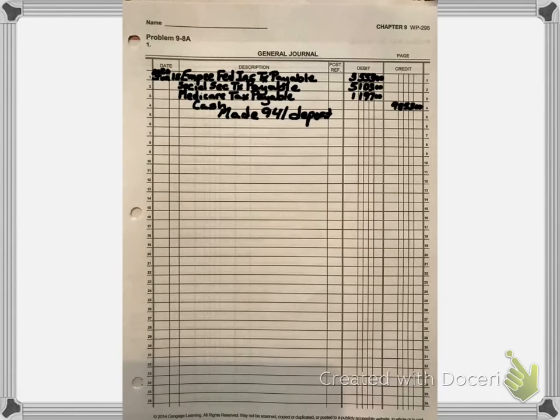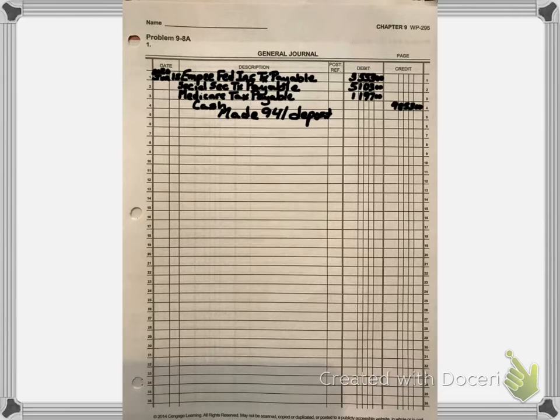So this is the entry that we learned to prepare in the last chapter. We will debit wages and salaries expense for the total that was earned. We will credit each of the liability accounts for the amounts that were withheld, and then the net pay will be our credit to cash. So this is just like we did in chapter 8.